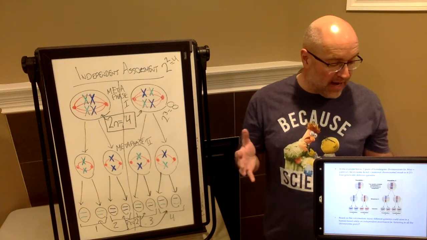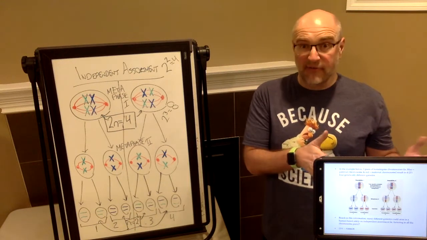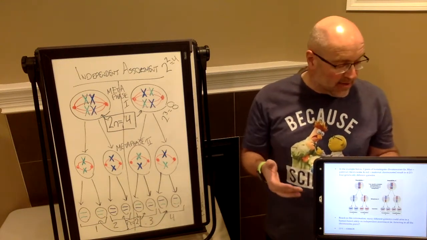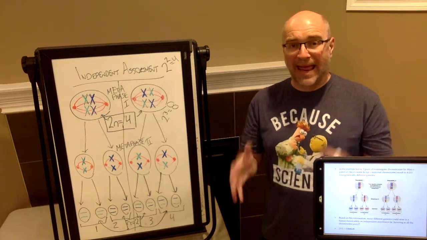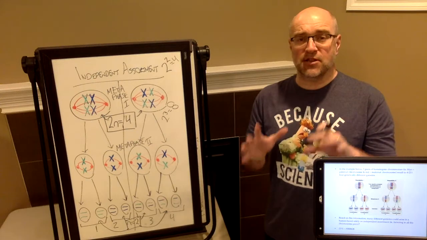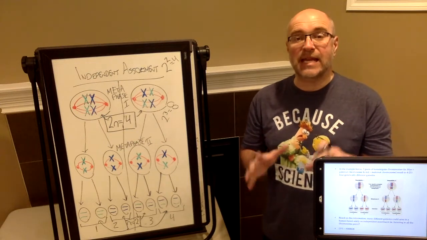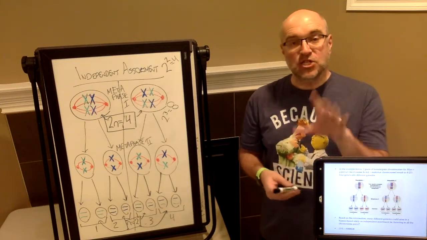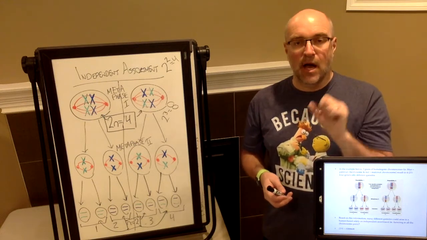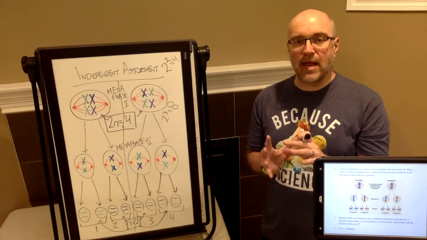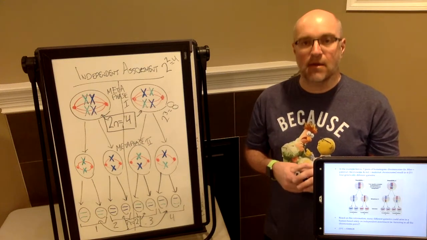If you want to know what that number is, I've got it in front of me, I don't have it memorized, but the number is actually 8,388,608 possible combinations of genetic material in any given human gamete just by the independent assortment of those tetrads when they line up at metaphase 1.